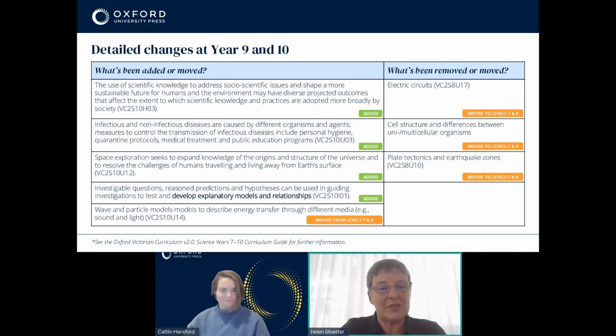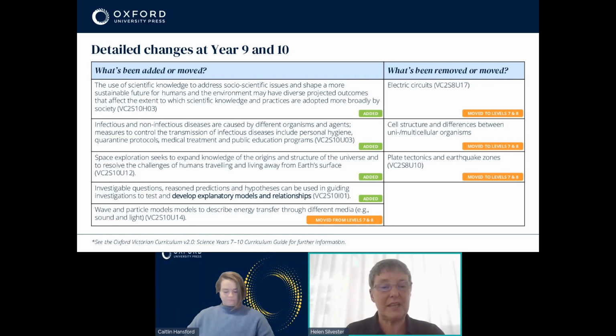Develop explanatory models and relationships. So this is underneath the science inquiry aspect of it. We're starting to have explicit mention of bringing in explanatory models and the relationships, not just a physical model. It might be a mathematical model, for example. There are lots of different types of models.